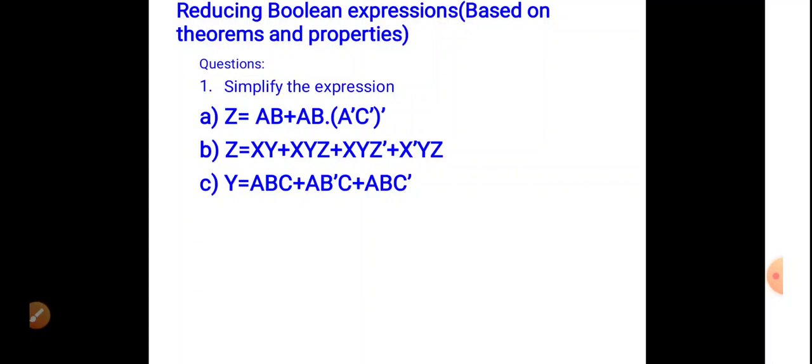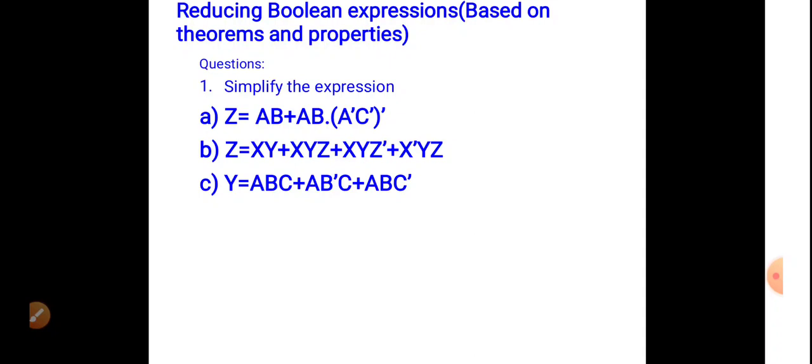A dot A is A. So we'll be getting AB plus AB plus ABC. A plus A is A, so AB plus AB is also AB. So instead of three terms, now we'll be getting only two terms, which is AB plus ABC.